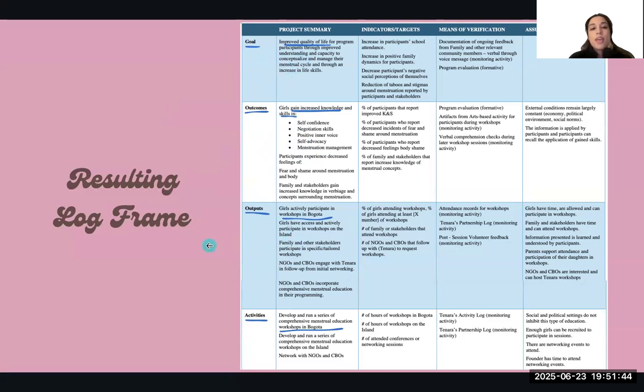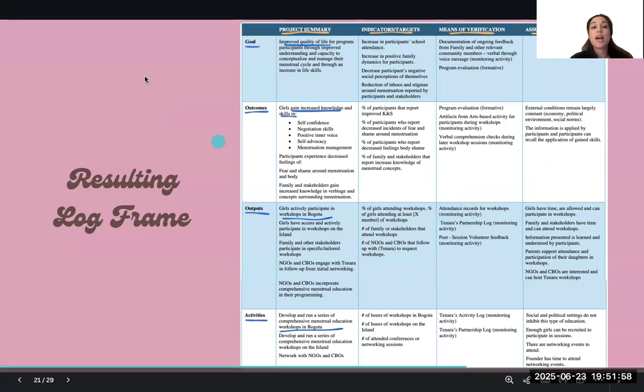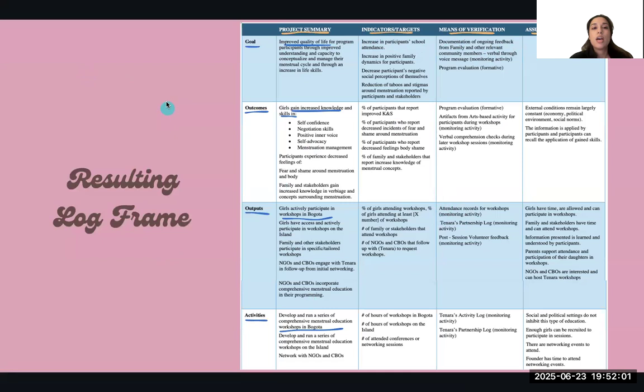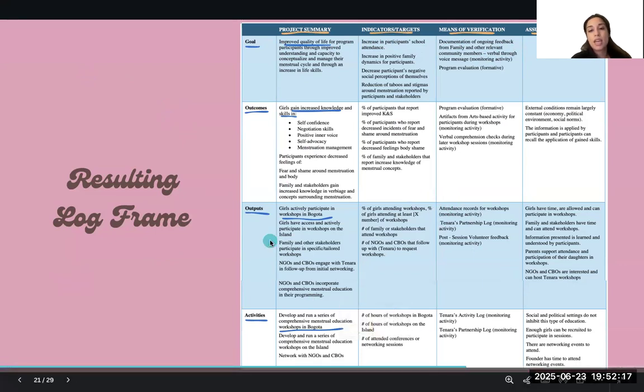And it goes on. You also want to look at the project summary, the indicators or targets, the means of verification, and the assumptions. This log frame helps guide the whole project, which is a great thing to have. It's good to have this written down because a team of project managers or people trying to monitor and evaluate the project can look at this and make sure they are on track and not missing anything.